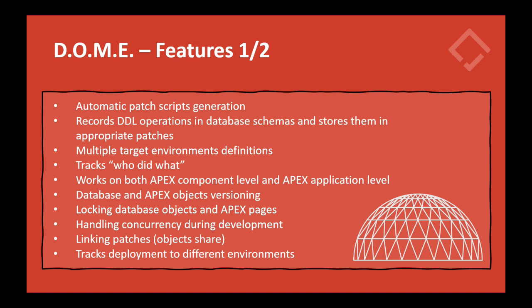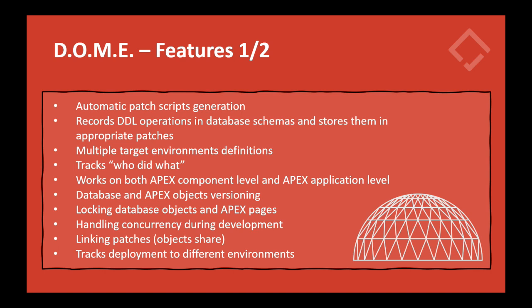Another nice feature is database object locking. For example, one developer can lock a certain database package so that he can develop it, change the program logic, and compile it. If another developer tries to do the same, he will get an error that the package is already locked, so he cannot compile it.